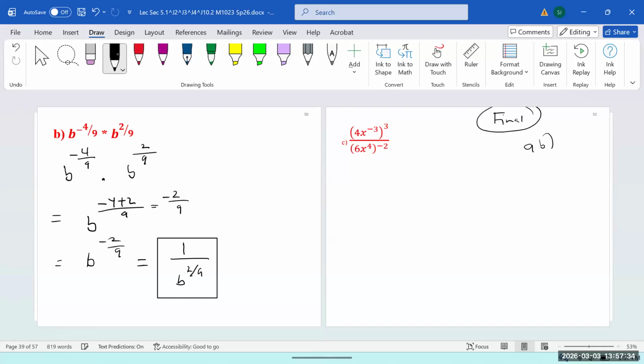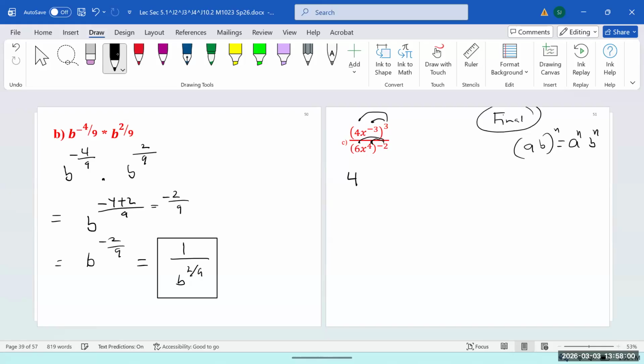If you have a b to the power n, what is this rule telling us to do? Distribute. So a to the n, b to the n. So we are going to apply this rule on the numerator as well as on the denominator. Both numerator and denominator have their individual power, so we're going to distribute individually.